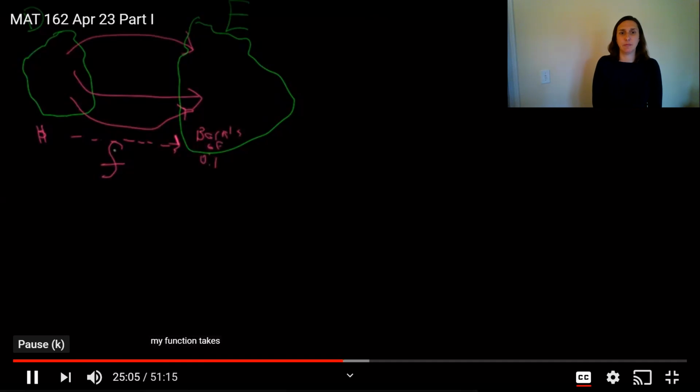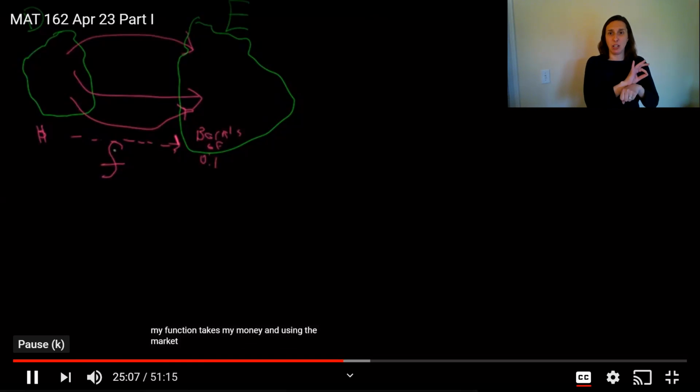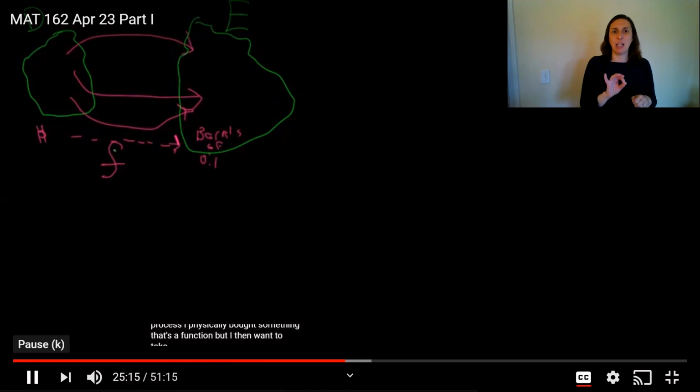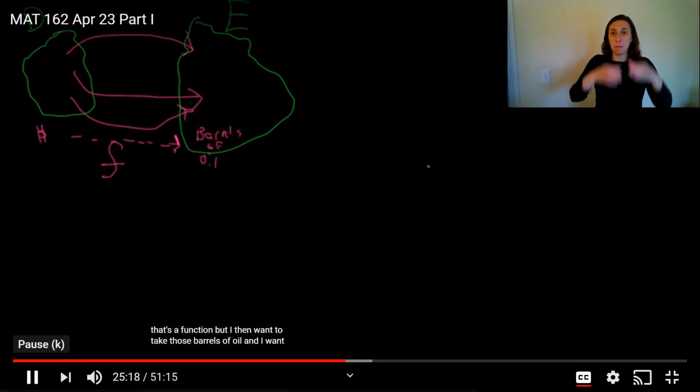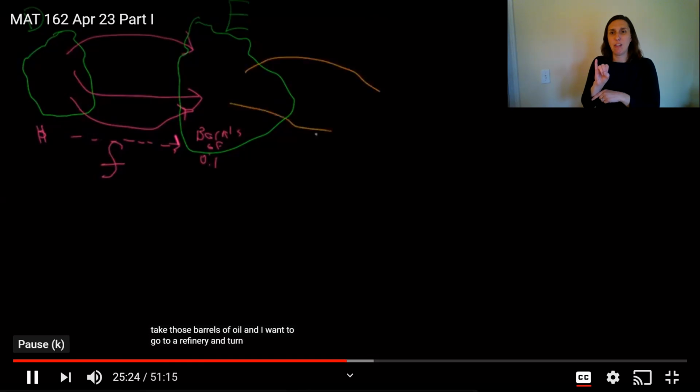My function takes my money and, using the market conditions, turns it into something else. I've done a process. I've physically bought something that's a function. But I then want to take those barrels of oil and go to a refinery and turn them into gallons of gasoline.